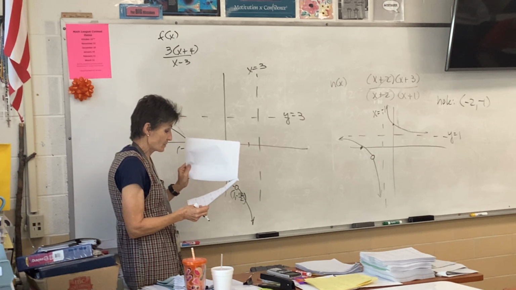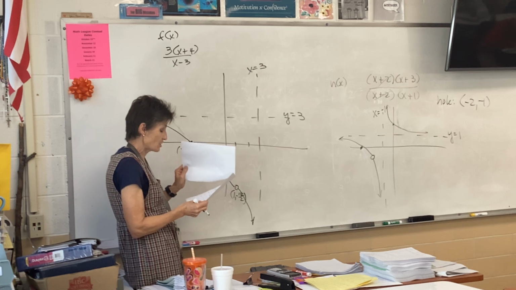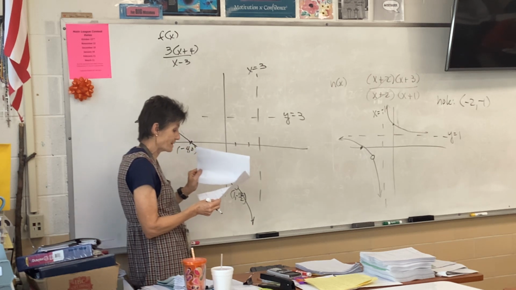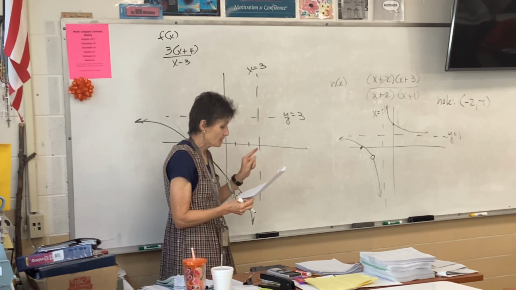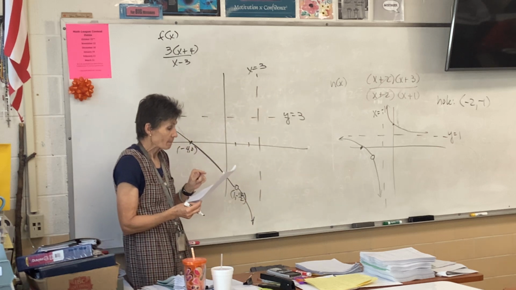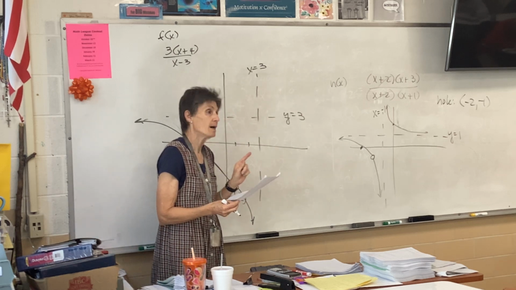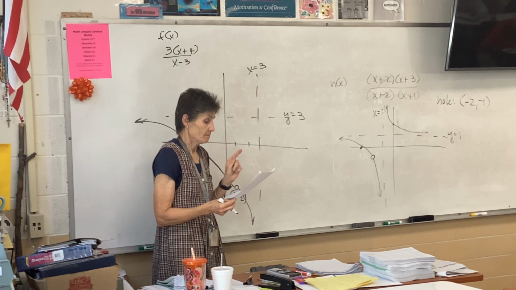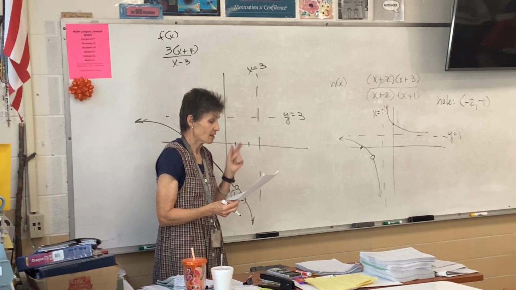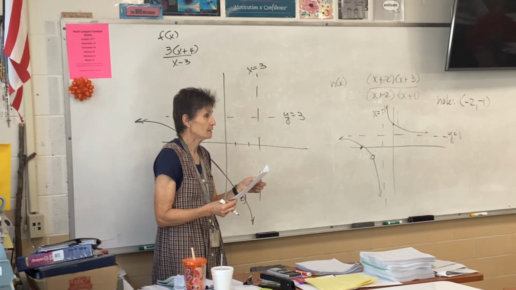G of x equals 0 for which integer value of x? So in other words, what's the 0 for G? G is our picture. G has a couple of zeros, but the only one that's an integer, -3.